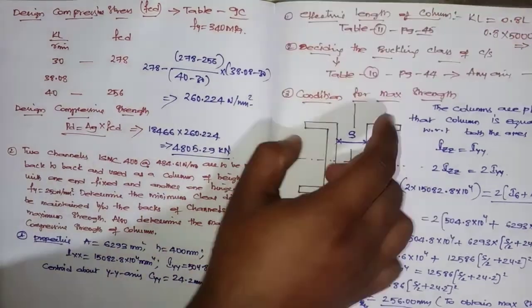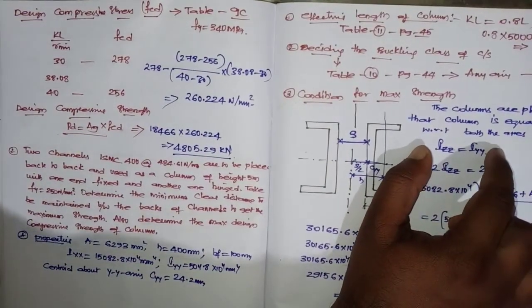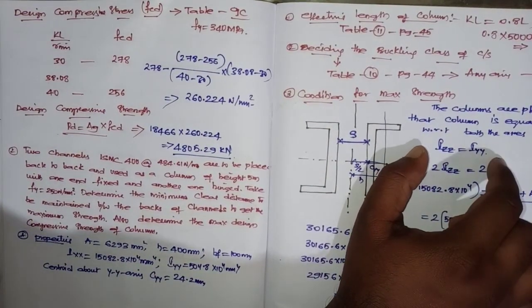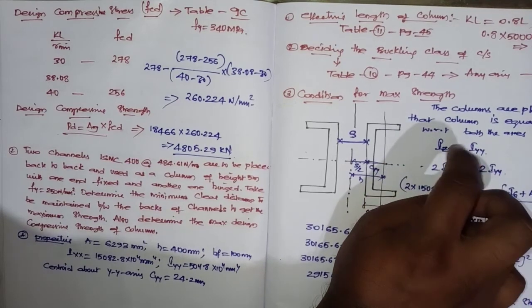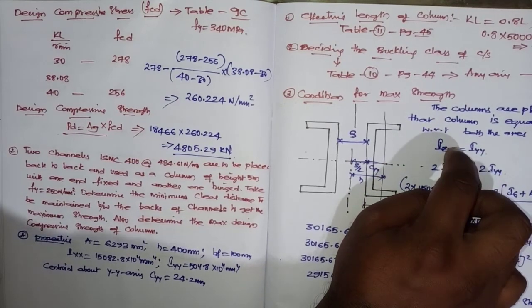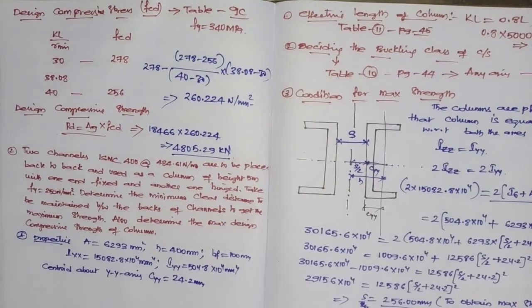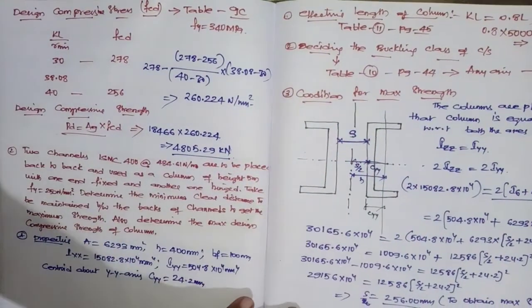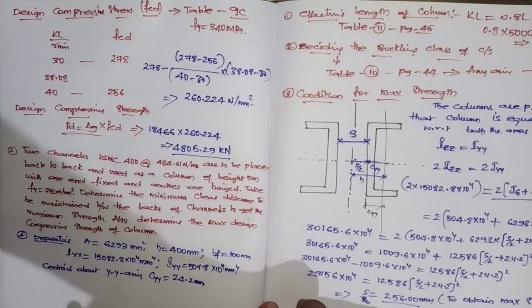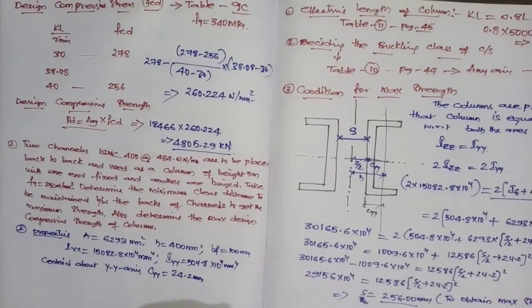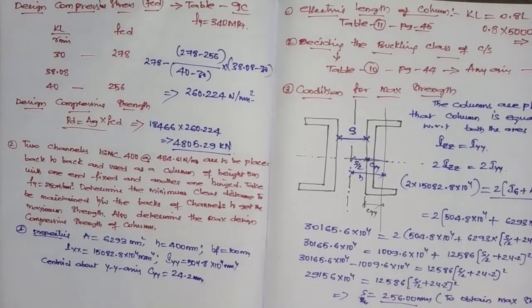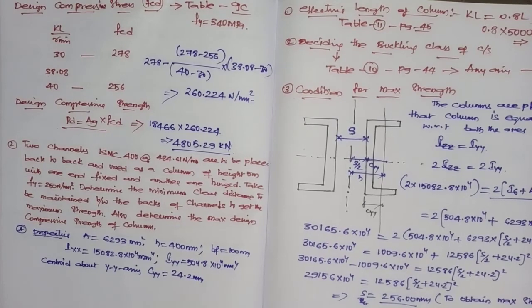For that reason we said that if the column section has IXX or IZZ equal to IYY, then from that you can obtain a distance that gives maximum strength. After calculation we got S as 256 mm. If you want the clear detail, I can solve once again.